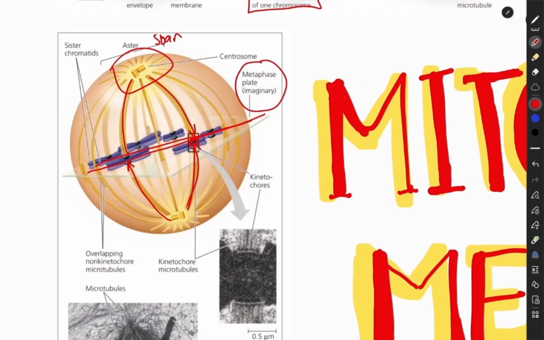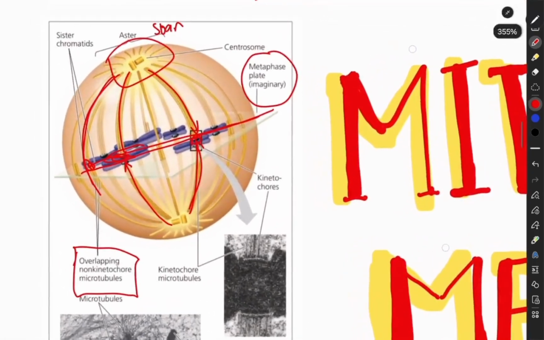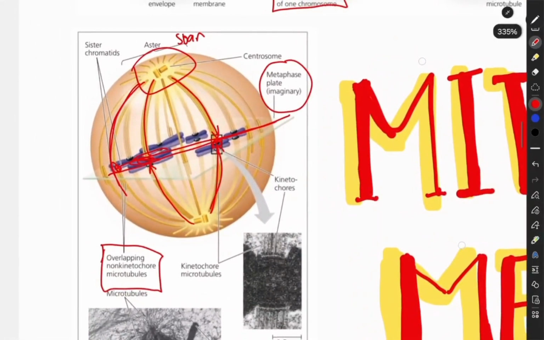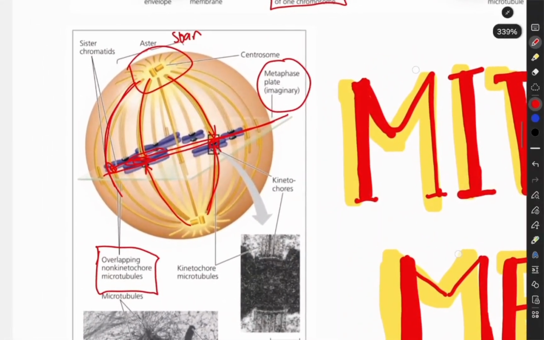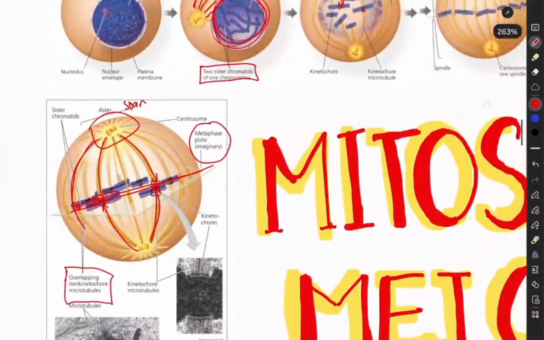It's called the metaphase plate, which is actually imaginary. And some microtubules that don't attach to chromosomes overlap. They're called overlapping non-kinetochore microtubules. This is just so that you have a better understanding. It's not really important.